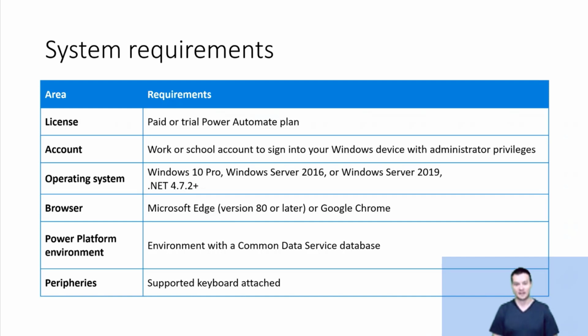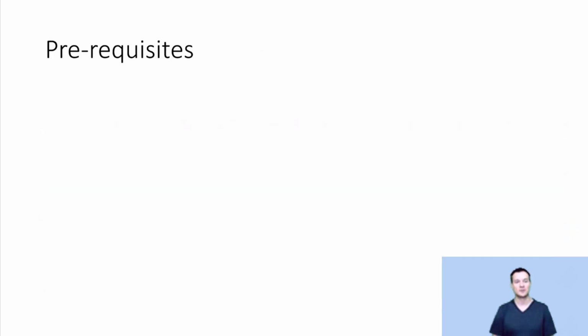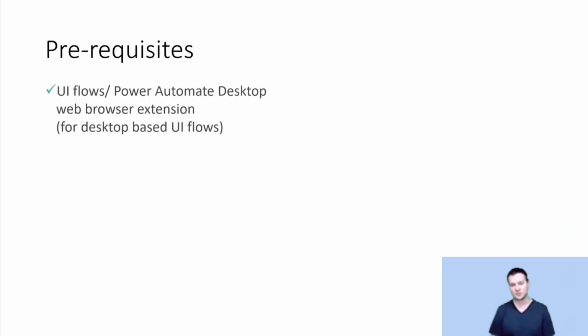But that's not all. There are also a couple of prerequisites that we need to follow. First, we need to download and install the Power Automate Desktop or UI Flows application. Once we download the installer and start to install, we are asked if we only want to install UI Flows, the old version 1 RPA that Microsoft created, or if we'd like to also install Power Automate Desktop Preview.